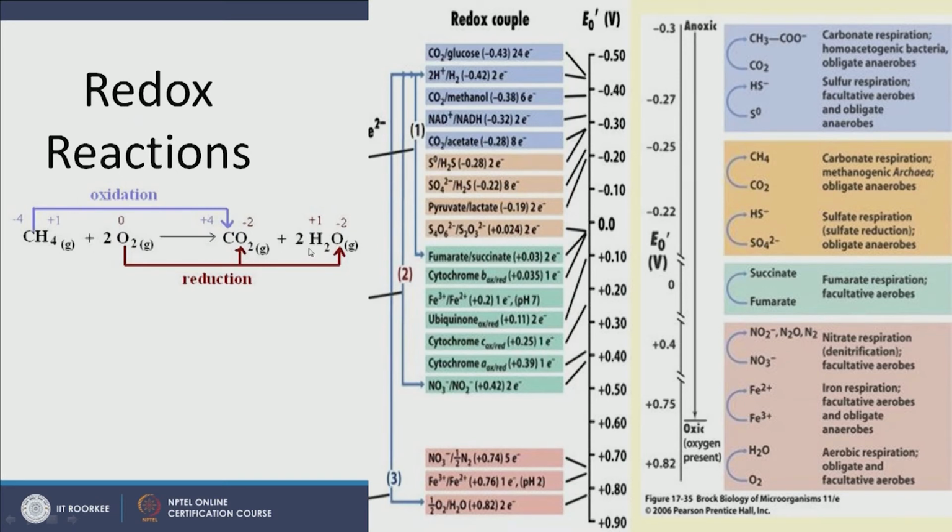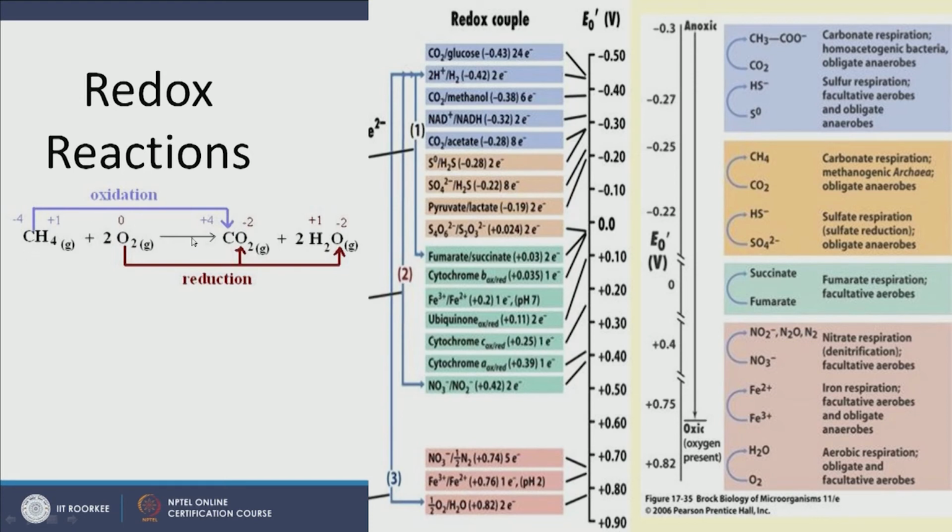Here we have a very simple chemical equation which is very relevant to life. We have methane plus oxygen making carbon dioxide and water. Methane here has hydrogen sort of lending it 4 electrons. When the reaction is complete, this carbon in methane is now giving 4 electrons away to oxygen. So, it in overall loses 8 electrons.